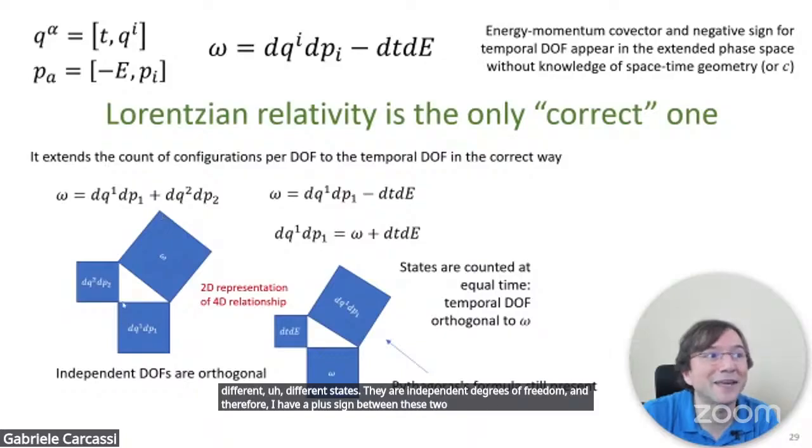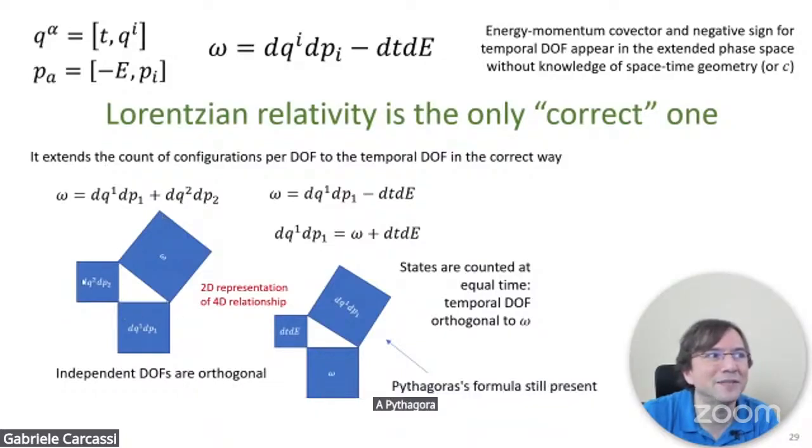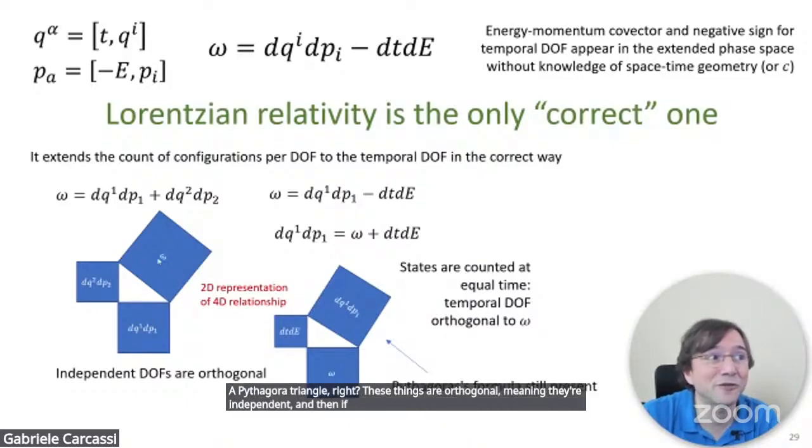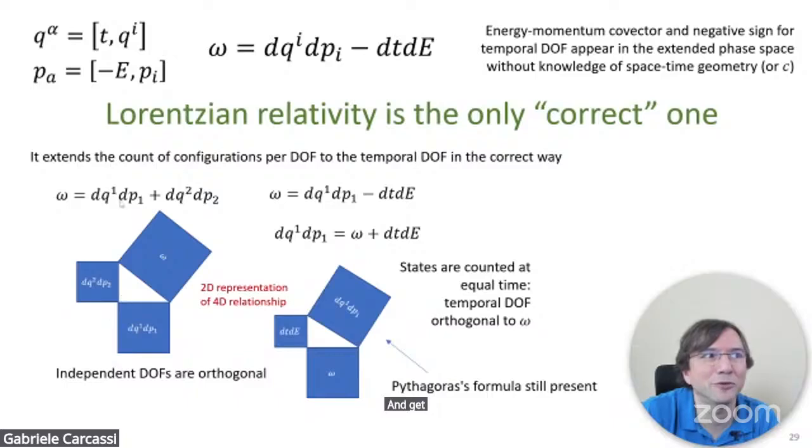It's as if I had a Pythagorean triangle. These things are orthogonal, meaning they're independent. And if I have a surface that spans the 2 surfaces, I just use Pythagoras and get the sum of the 2 areas.